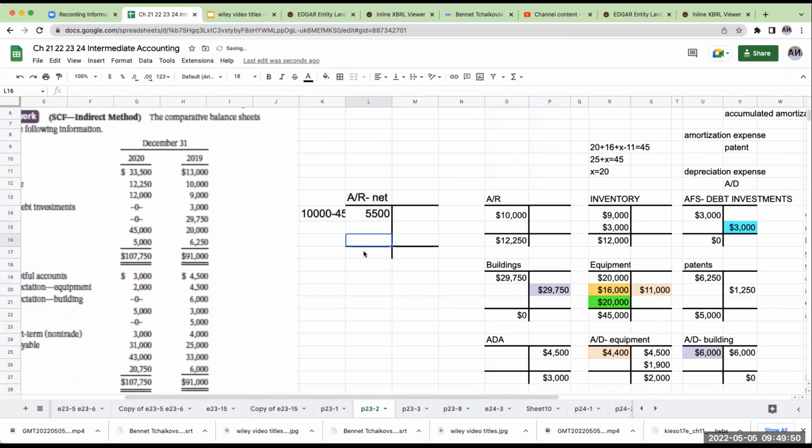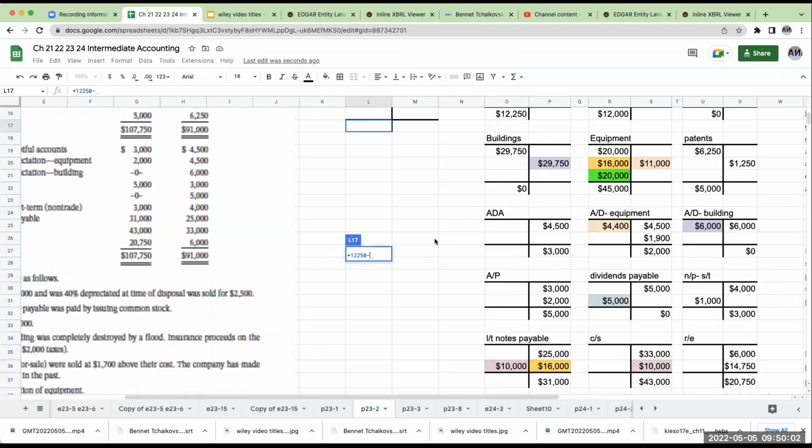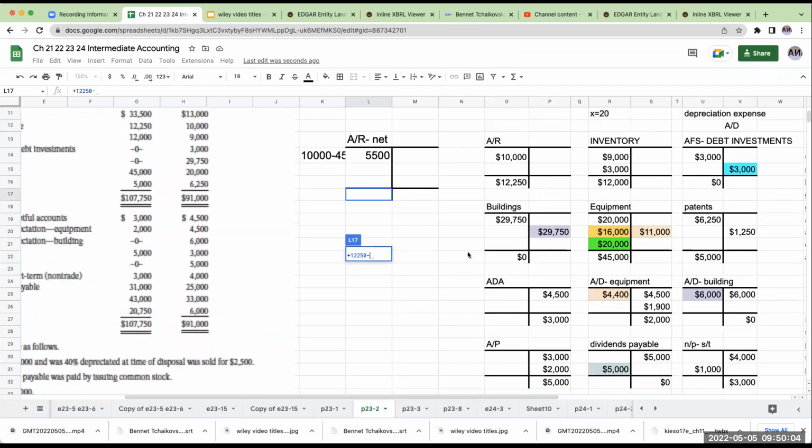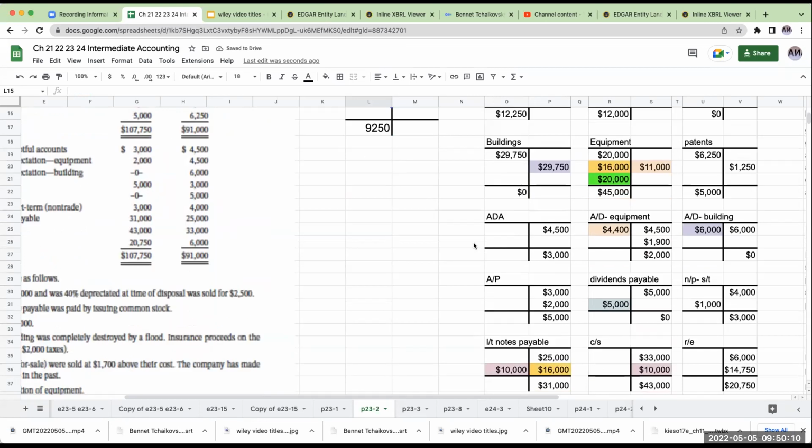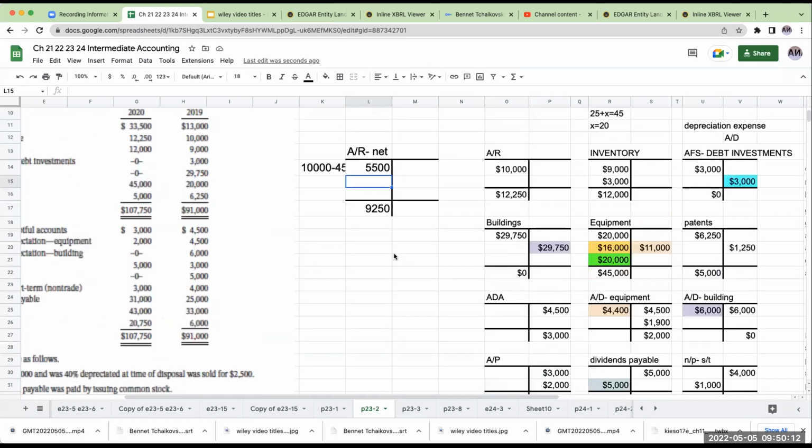Then they're saying that was my beginning balance. My ending balance would be 12,250 minus 3,000, or 9,250. If I look at this in whole, it's 12,250 minus the ADA of 3,000.